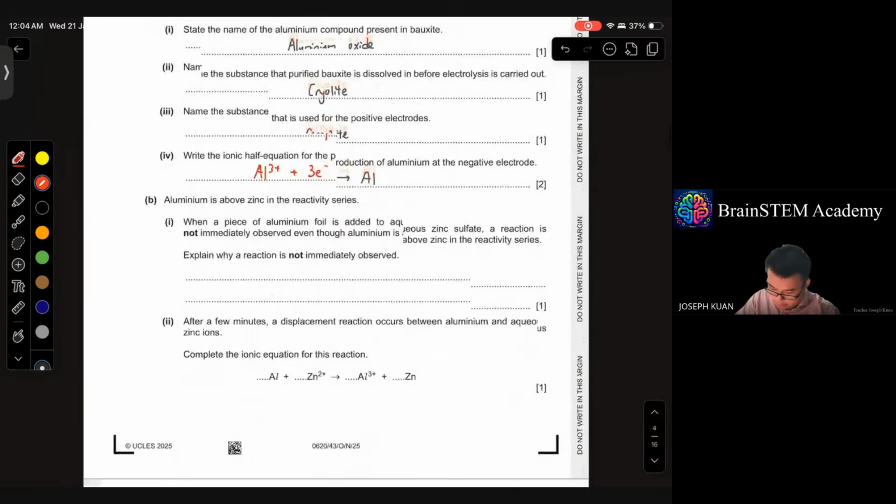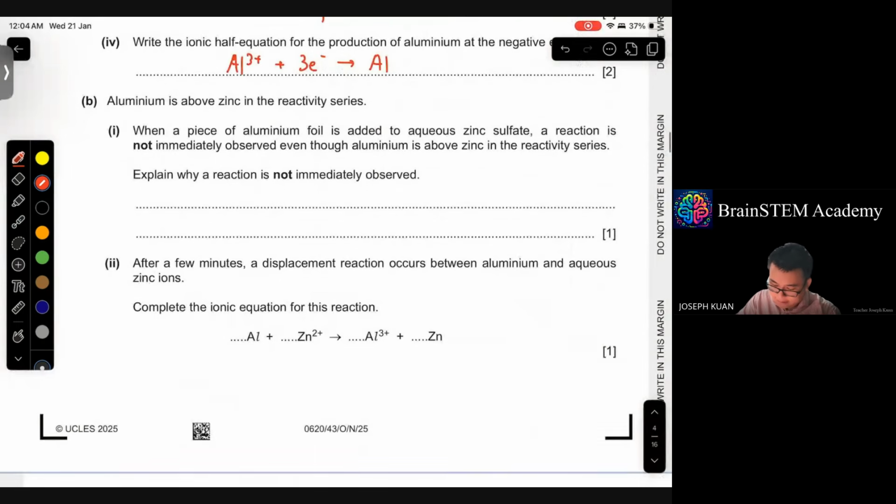Okay, next. Aluminium is above zinc in the reactivity series, but when you place a piece of aluminium foil in zinc sulfate, a reaction is not immediately observed, even though aluminium is above zinc in the reactivity series. So why? Because of the unreactive oxide layer.